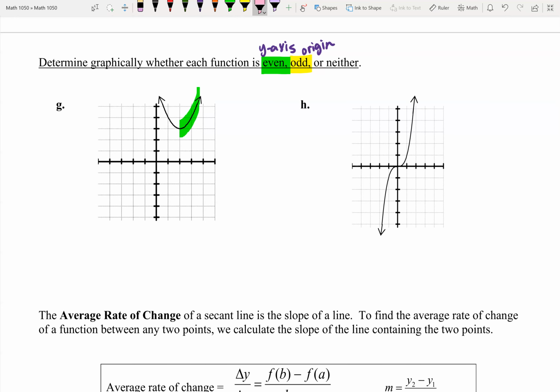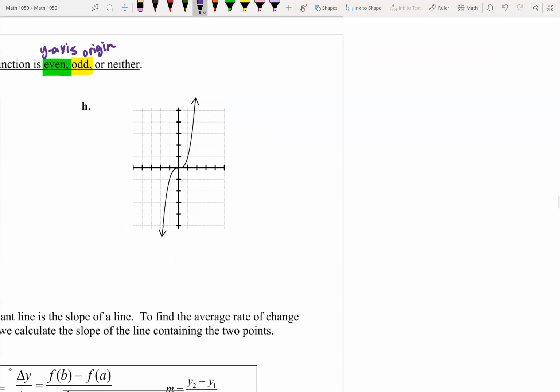Fold it across the y. That's where it goes. It's not even. Now let's fold it across the origin, which means fold it y and then fold it x. So the result would be there. Is it odd? No. The second half of the graph doesn't lie on the yellow. Therefore, the answer is, talk to me. Neither. There's no work to show for this problem, by the way.